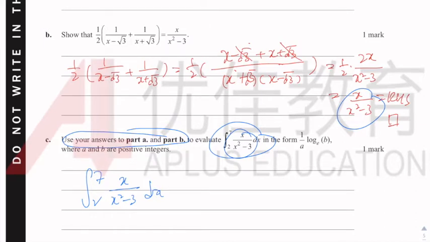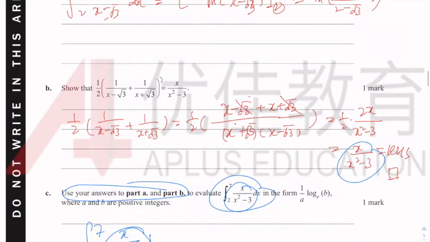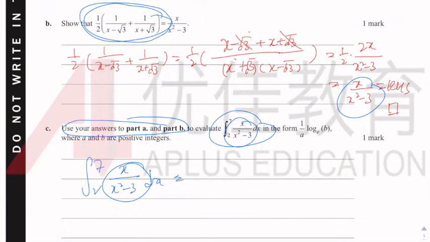We have no idea how to integrate this, but we know how to deal with this. So let's change it to half of the integral of 1 over x minus square root of 3 plus 1 over x plus square root of 3 dx.